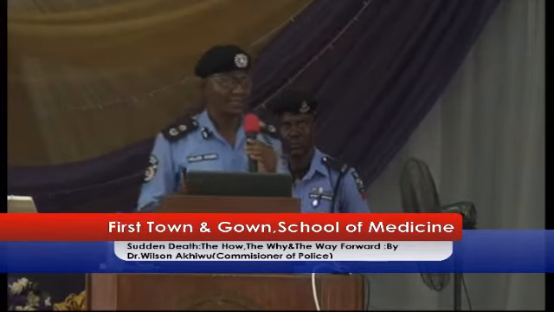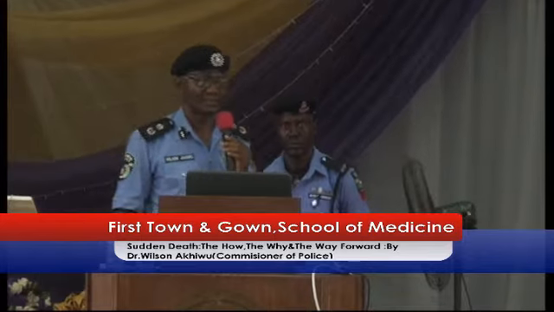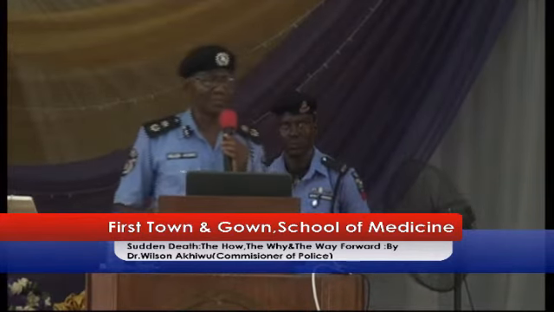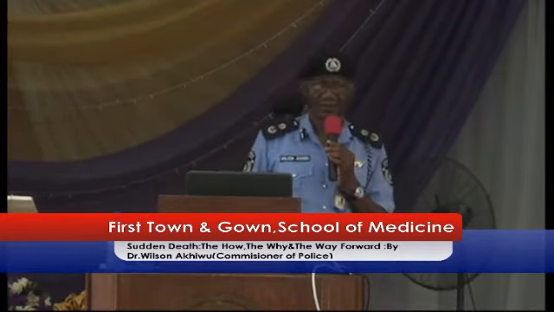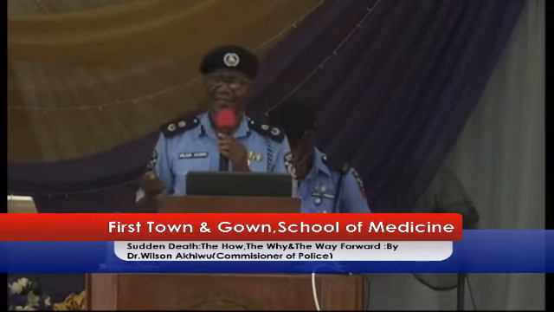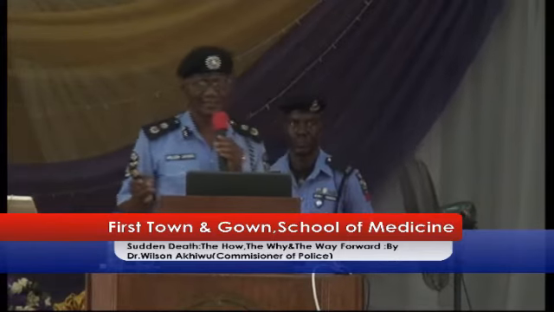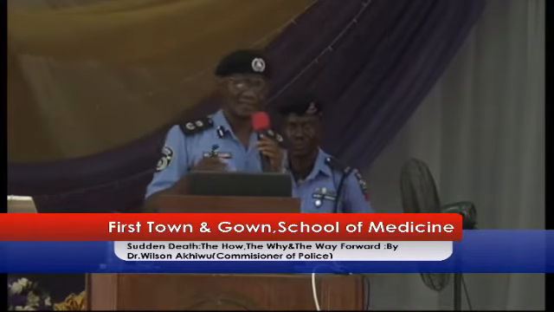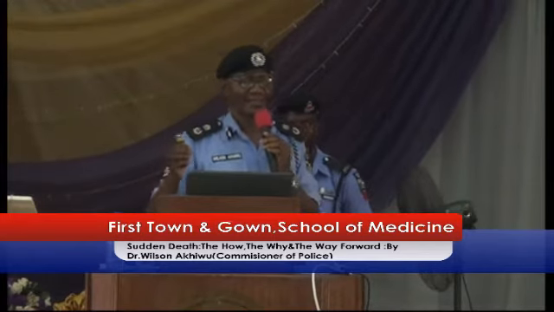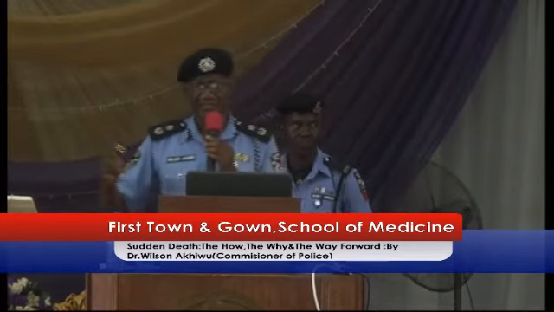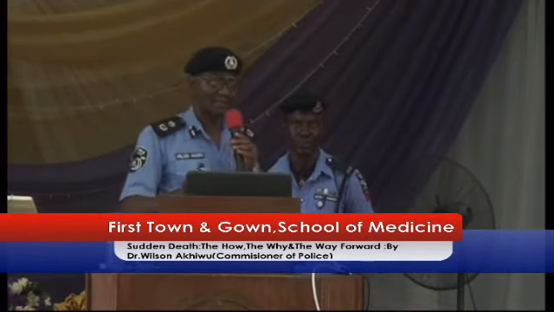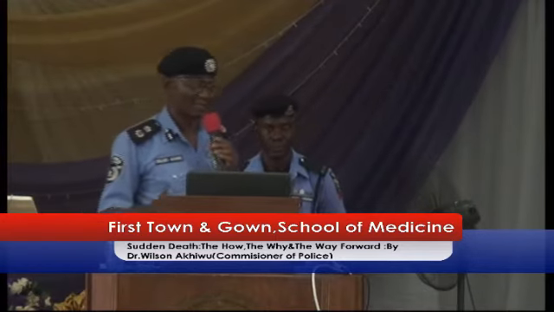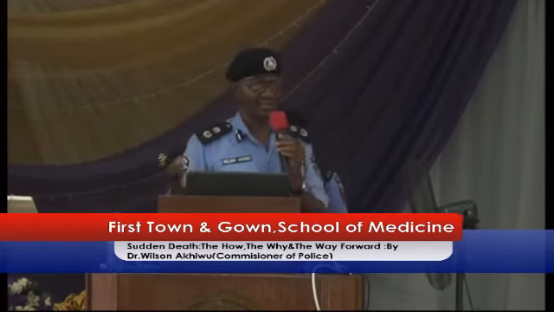But how do we classify sudden deaths? Sudden deaths may be natural or unnatural. The unnatural deaths are those deaths that are due to homicides, suicides, accidents, and so on. If a crime is part of a sudden death, it is unnatural, and it requires further investigation by police, and somebody may have to be taken to court.